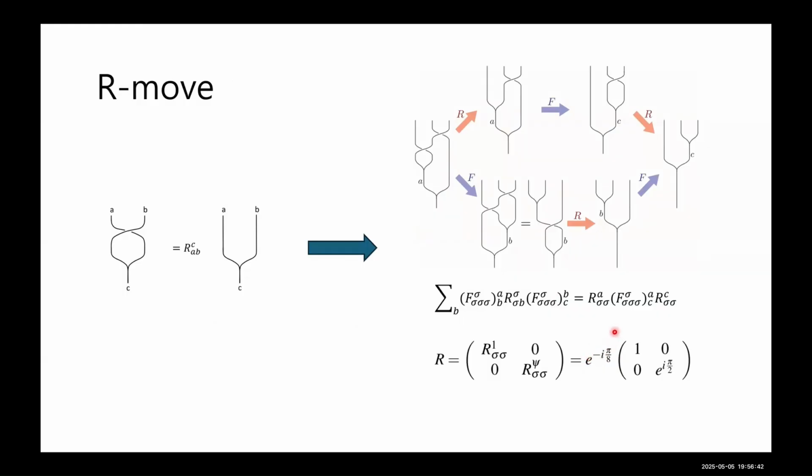And also we don't need to consider this global phase because it is meaningless when you calculate the computational basis. So this is the same as the root Z or S gates.